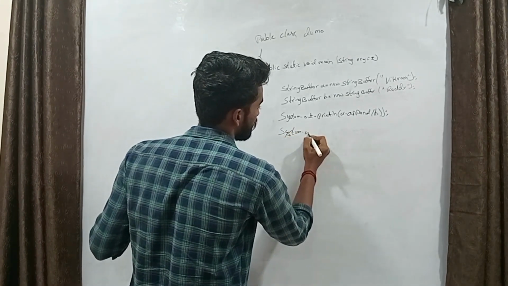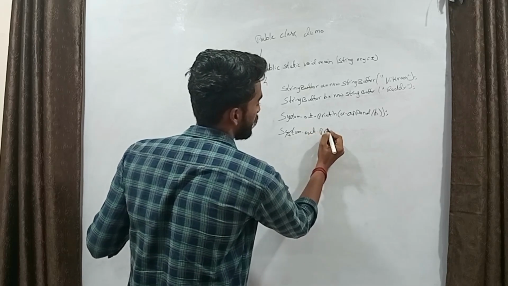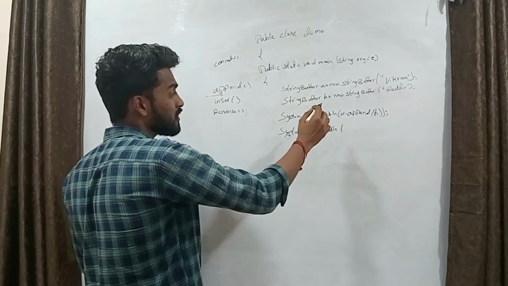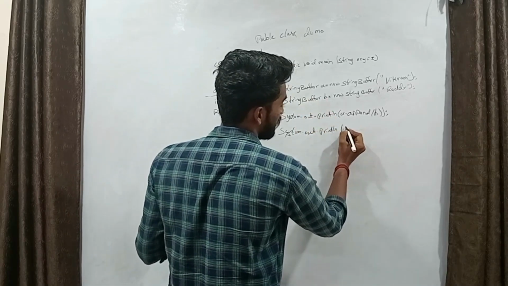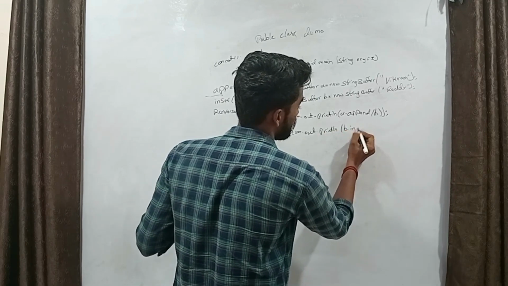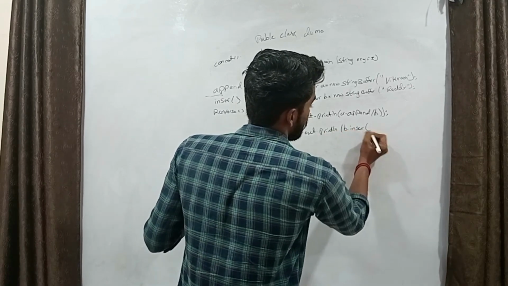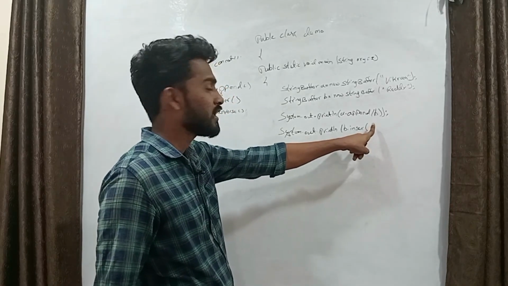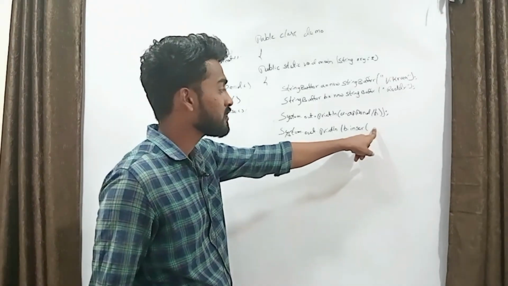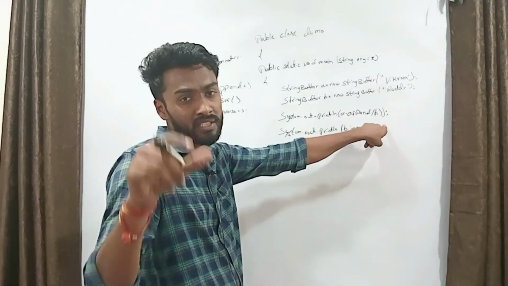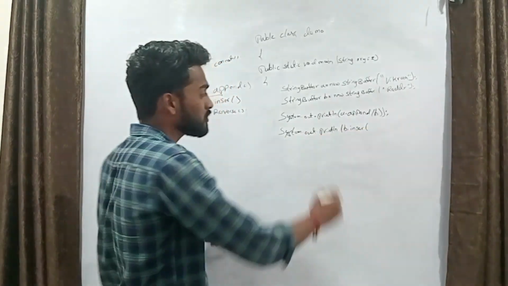System dot out dot println. I am taking that object as B and insert. Here the number where the value should be inserted should be given, and the string value should also be given in double quotes.